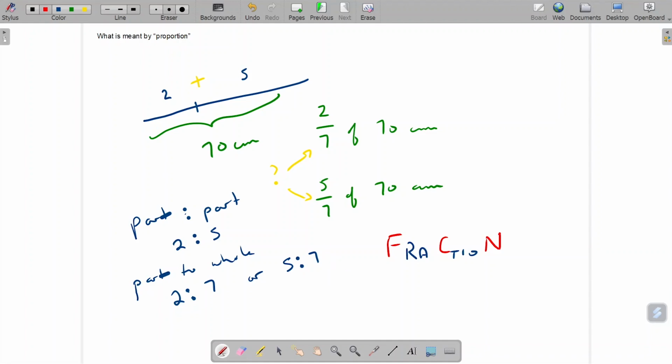Quite simply, a proportion means two things are written as the same fraction. So 2/7 is written as 20/70, or could be written, if you had a different situation, as 14/49. These things are in proportion because the fractions are equal to one another.